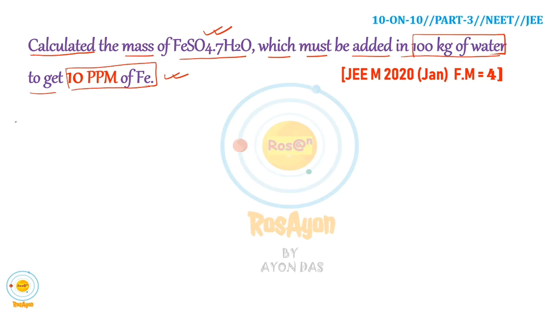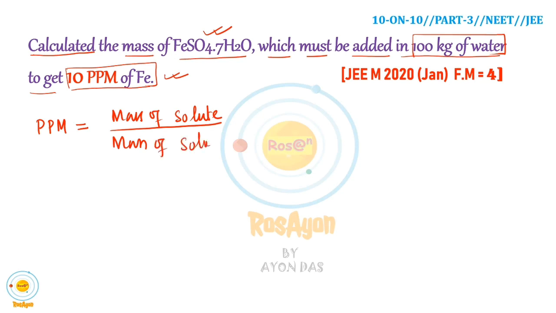Now from the formula of ppm, that means parts per million, that is equal to mass of solute divided by mass of solvent into 10 to the power 6.